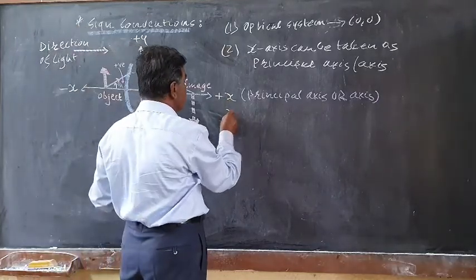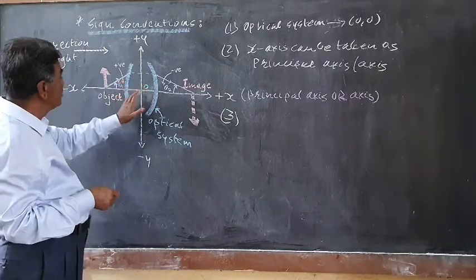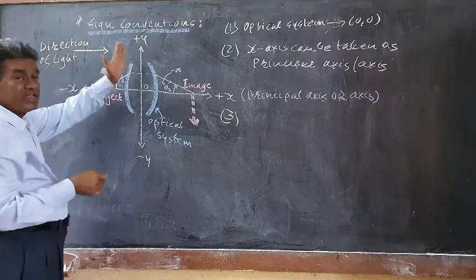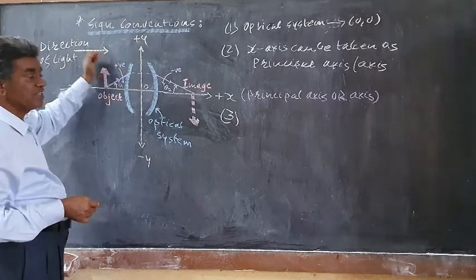The third one is about the distances which are measured. Suppose the direction of the light is from left to right, falling on the optical system. This is the direction of the light.